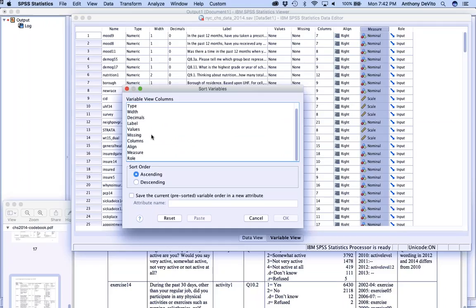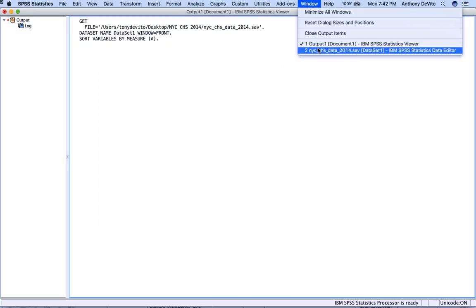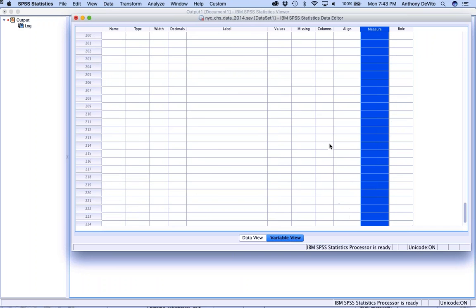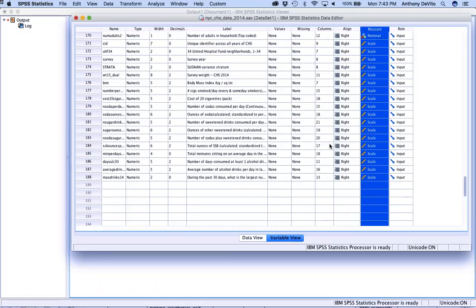And I want to sort them by the measure. Okay, let me get the window back. Okay, so those are all nominal here. Let me go down. The scalar ones are down here.